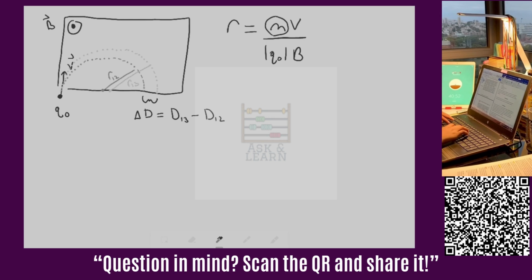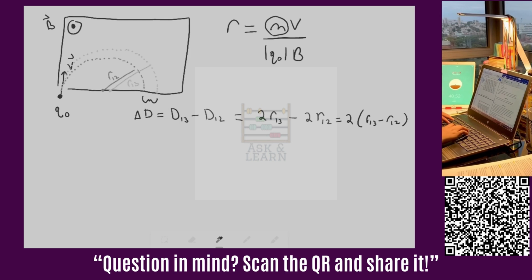The diameters are twice the radii of our circles. So the diameter of the carbon-13 circle is twice its radius, and the diameter of the carbon-12 circle is twice its radius. So ultimately, the thing we're trying to find is twice the difference between the two radii.